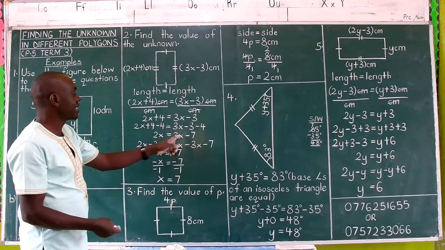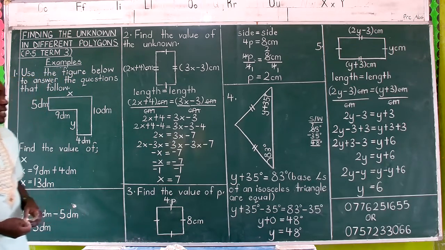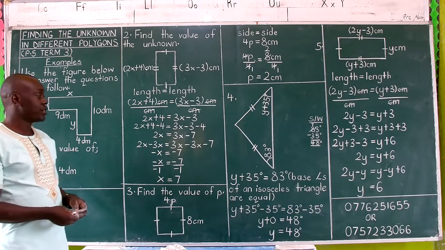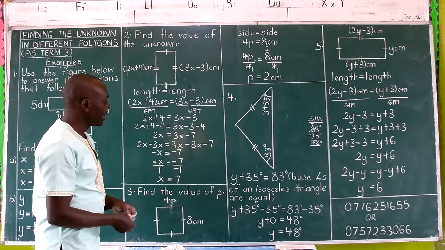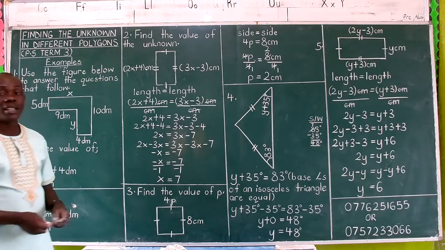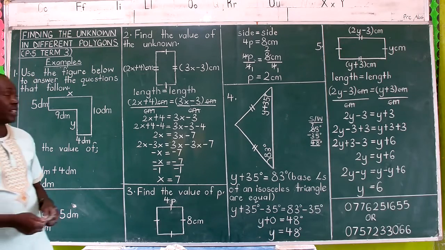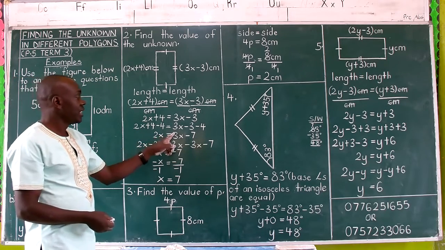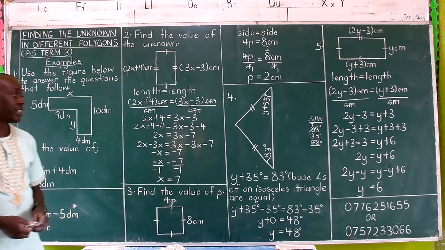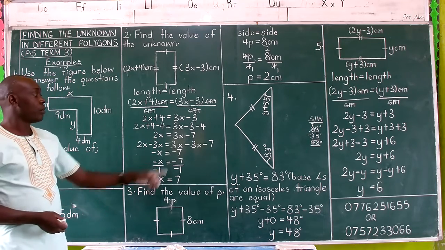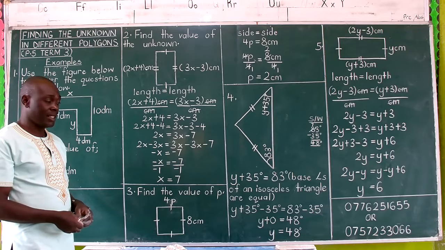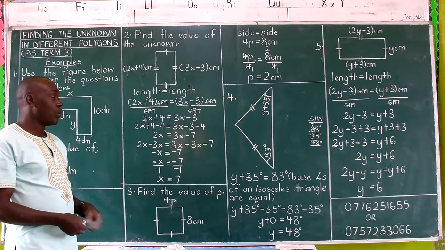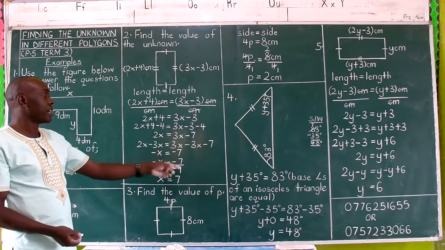Then 3x and 2x are scattered, yet they look alike. They are the ones we call like terms. And again, identify them as either positive or negative integers. So this is a positive integer and this is a positive integer as well. So in algebra, when you cross the equal sign, the sign changes. So the one that has been a positive becomes a negative.